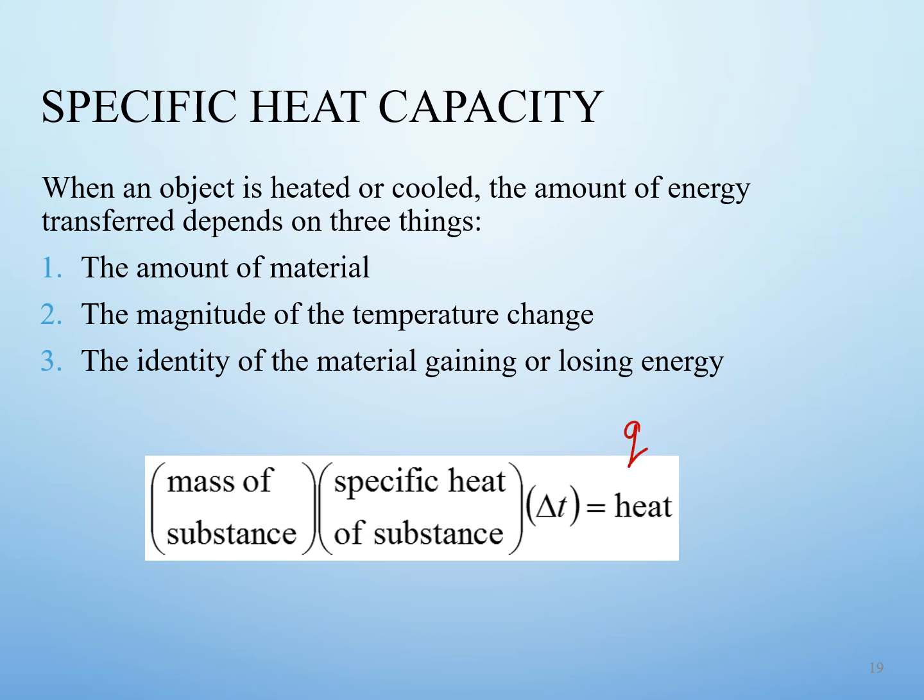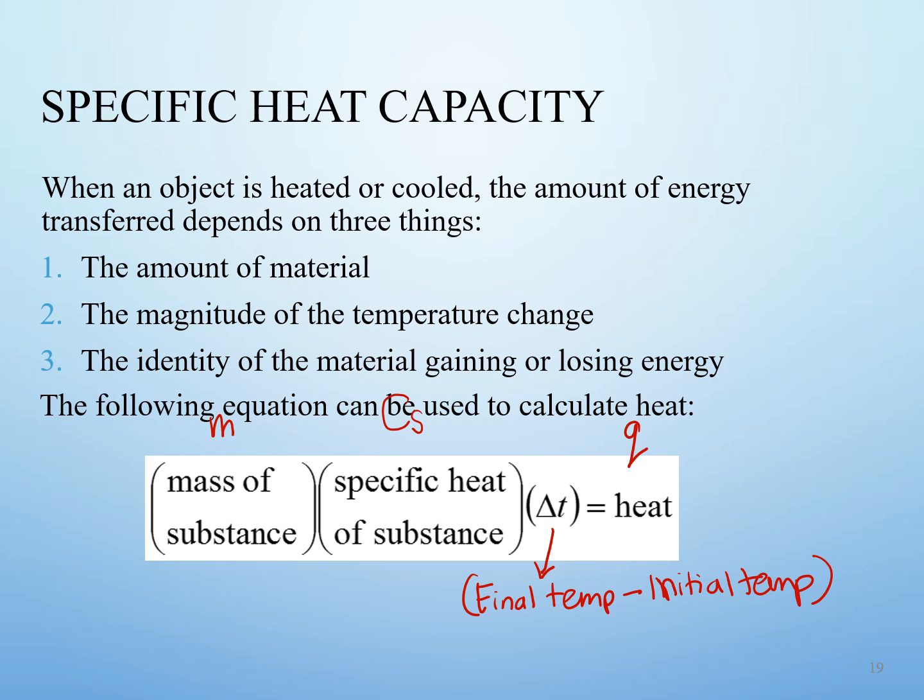Heat is Q. Mass, we sometimes just write M for it. And specific heat, I like to write as Cs. And then delta T is final temp minus initial temp. So I like to say Q equals m Cs delta T.